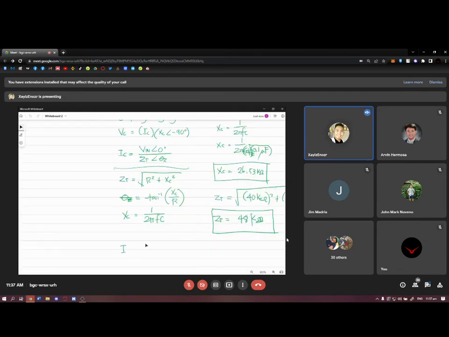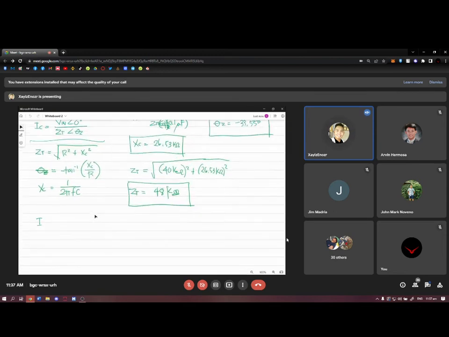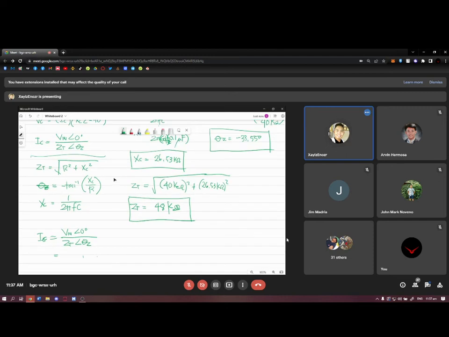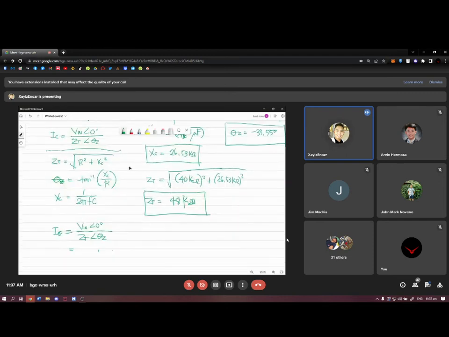Ayan. So, let's continue. So, hanapin na natin yung current across the capacitor. IC is equal to VS angle 0 over ZT angle theta Z. So that is yung input natin, ilan na nga ulit yun? 100 volts, angle 0 degrees.